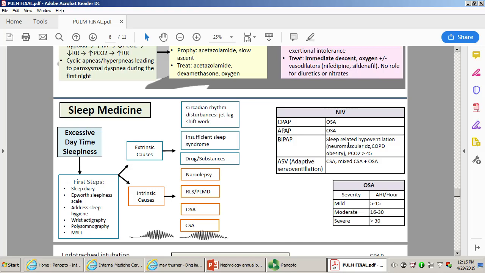Yes, right? So the effort. You have your chest wall sensors, and with obstructive sleep apnea, you have your periods of apnea, no oxygenation, but they have that respiratory effort still. They're trying to breathe, right, but their airway's obstructed. Central sleep apnea, the problem's up here, so they have no chest wall movement leading to the apnea.